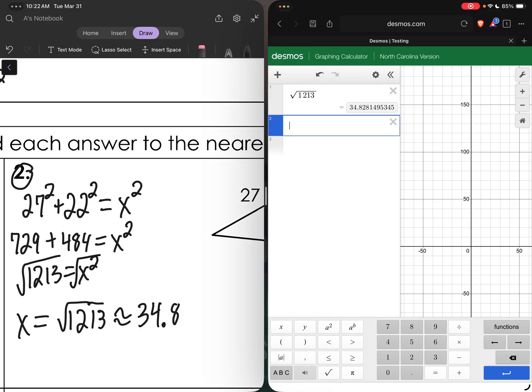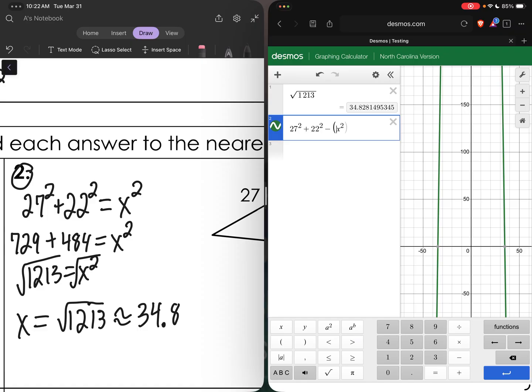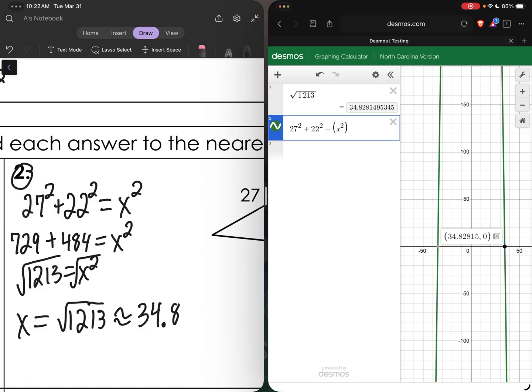I do want to point out you could have, at the very beginning, taken the square root of both sides and said 27 squared plus 22 squared is equal to x, and that would have been the same answer. Or, we make it really easy with Desmos, equals x squared. Always remember, instead of equal, you put minus and then parenthesis. 34.8, same answer, finished. The choice is yours.